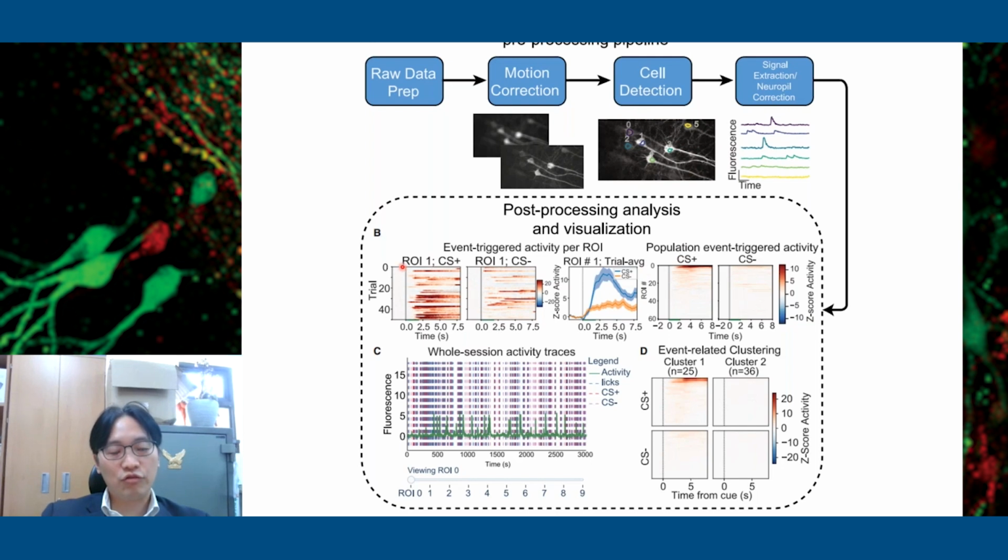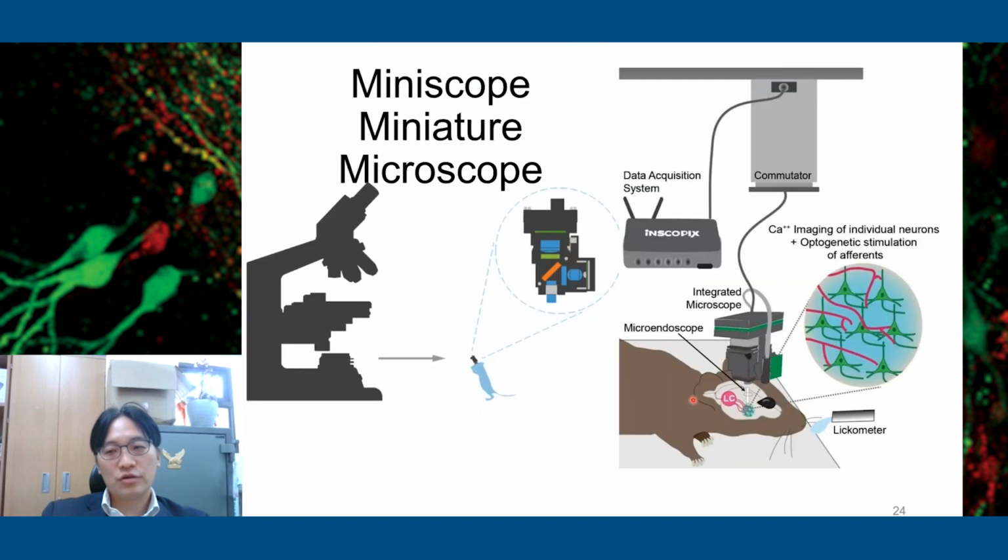Then you choose your region of interest, and you can have single cellular imaging on your data, and you align them with the event of the cue or event of the behavior. Based on this event based analysis, you can cluster your neurons.